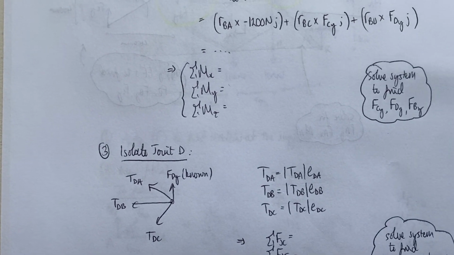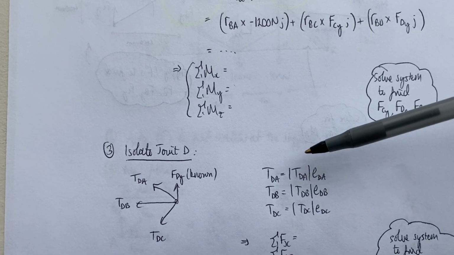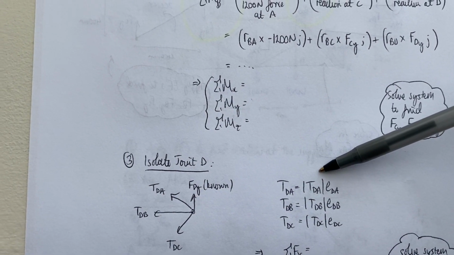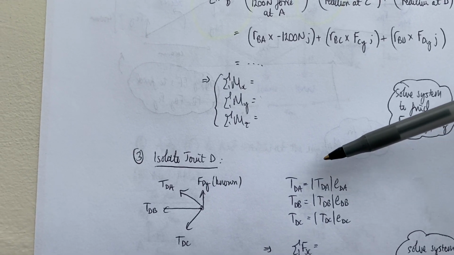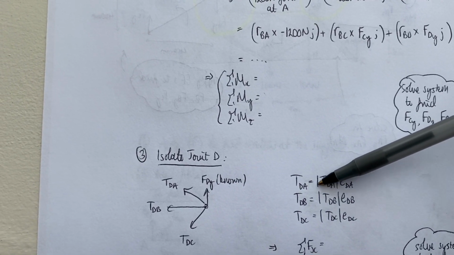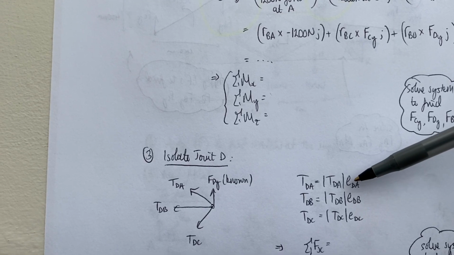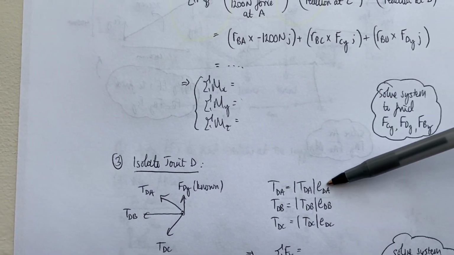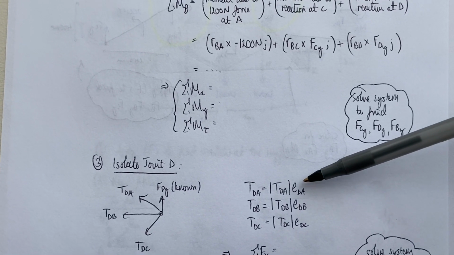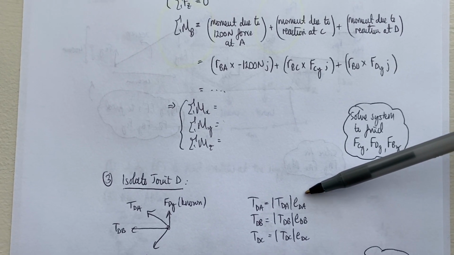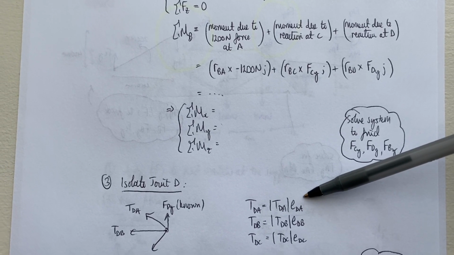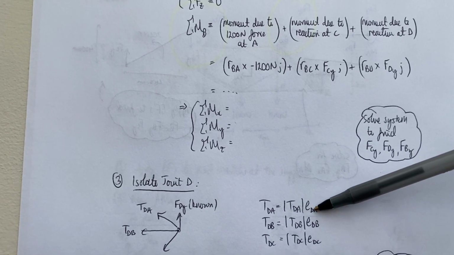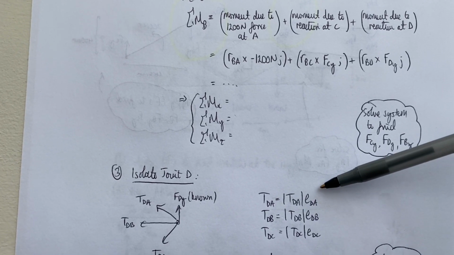I'm looking for the magnitudes of those axial forces, but I don't know the directions yet. So I write TdA as the magnitude of TdA multiplied by the unit vector in the dA direction. I need to do some algebra here to find, first of all, the position vector dA, then scale it based on its magnitude to find the unit vector.